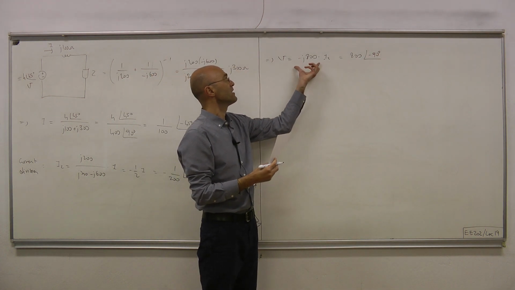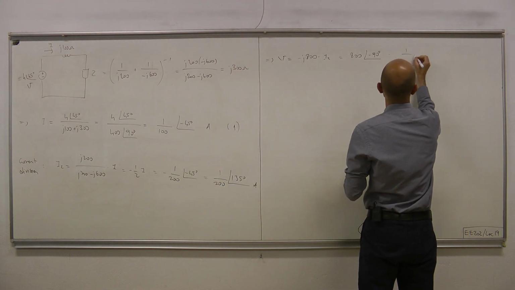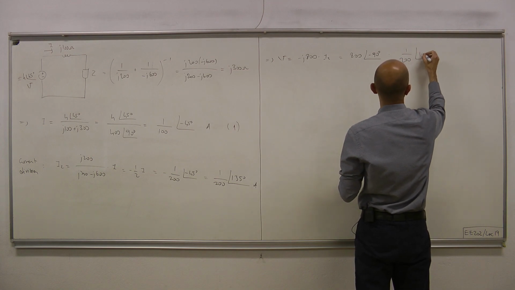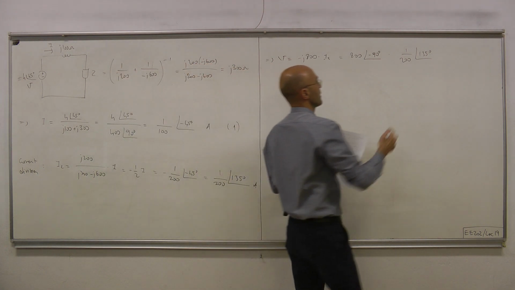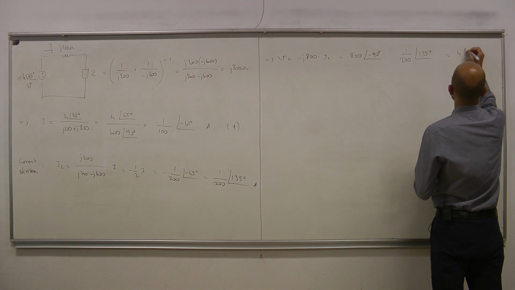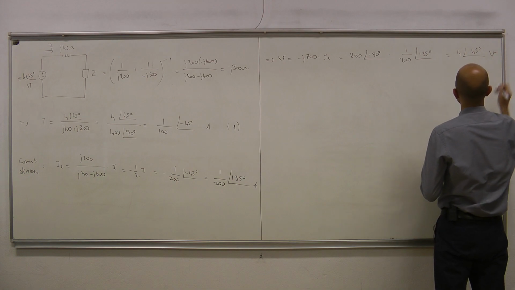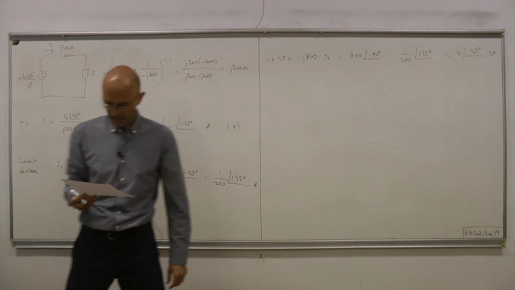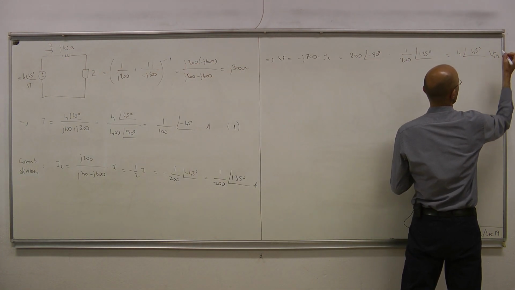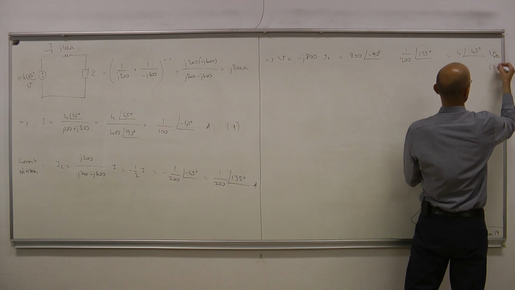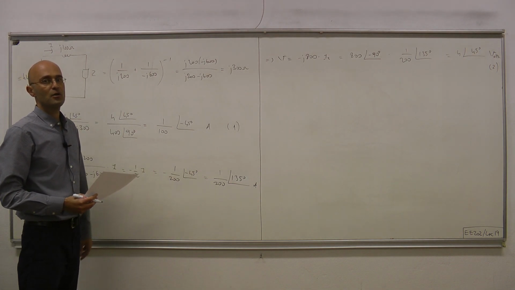So this is minus J800 in polar form times I2, which is 1/200 with phase 135 degrees. And this yields, for the magnitude 4 and for the phase, plus 45 degrees. The unit is volts. So let me write volts here. So that's our equation 2. And now we're done with the phasor domain circuit.